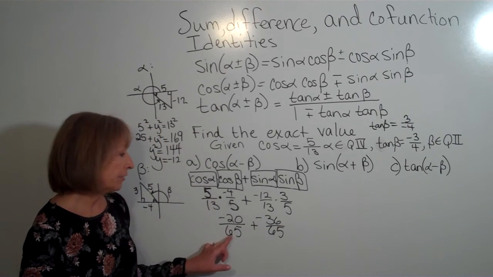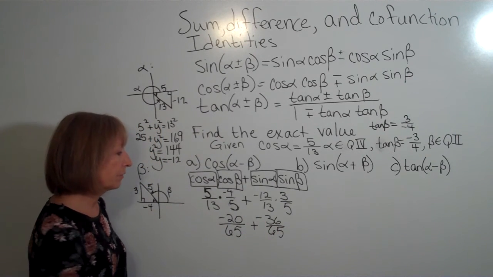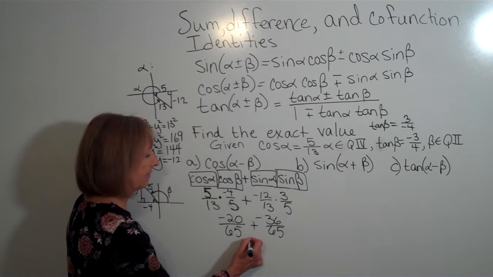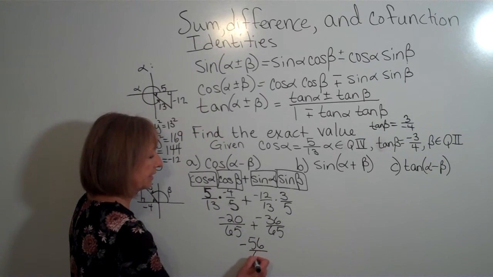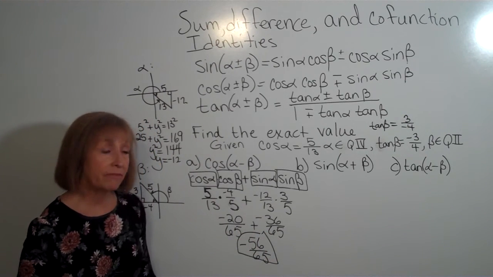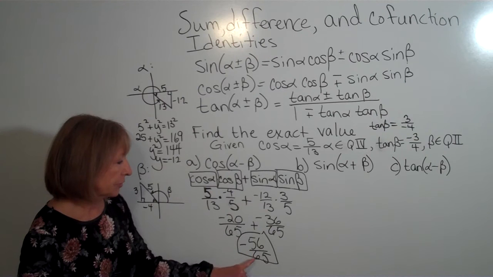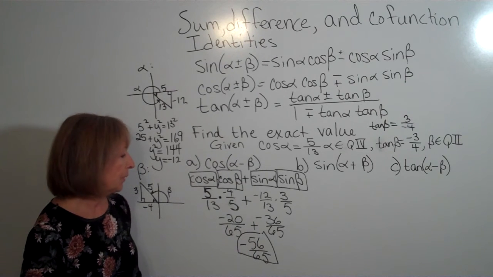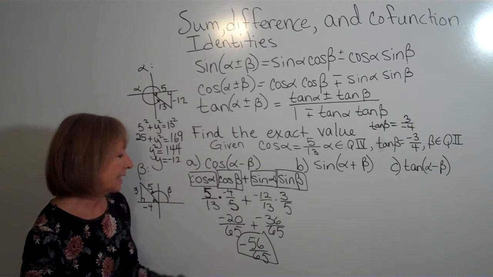So negative 20 over 65 plus negative 36 over 65 is a negative 56 over 65. And if I could simplify that fraction, I would, but there's no common factors between my 56 and my 65.